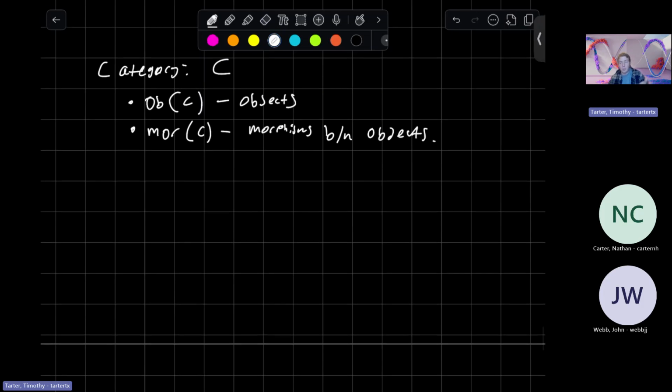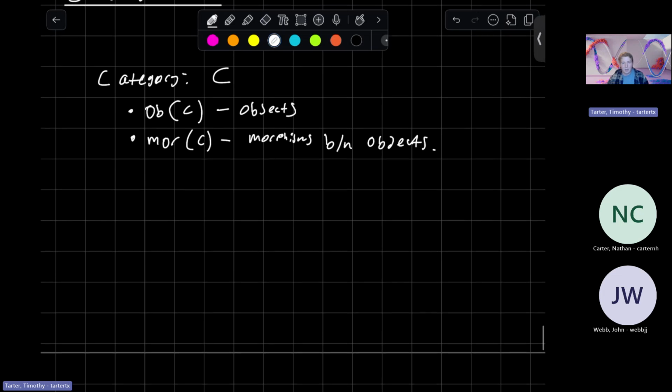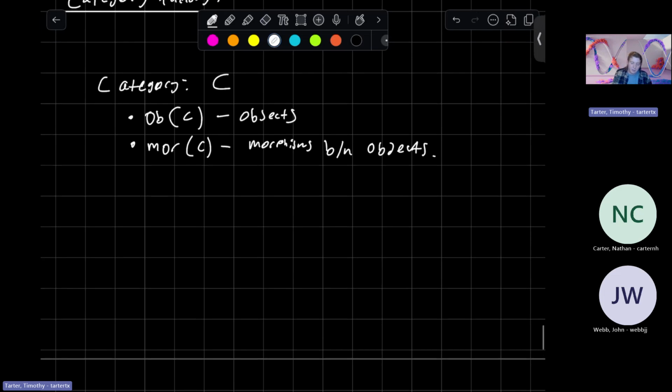For groups, group homomorphisms are the morphisms. So a morphism is really like a function, but with some added property. So, function plus some property.